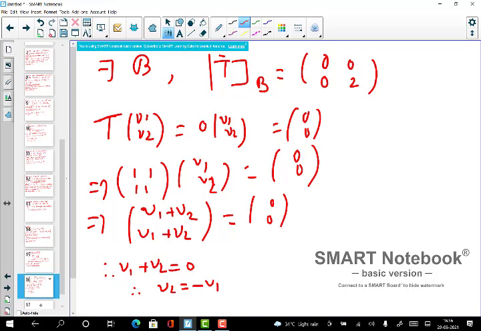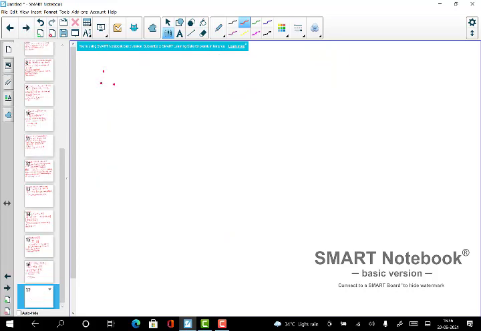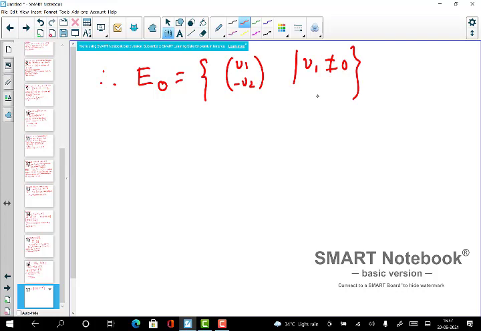So the eigenspace we define corresponding to 0 is the collection of all (v1, minus v1). Eigenspace also contains 0, so v1 belongs to the field.